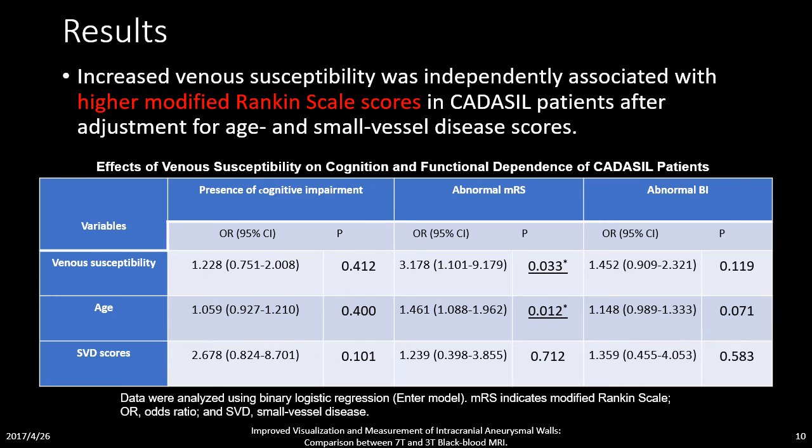Moreover, increased venous susceptibility was independently associated with higher modified Rankin Scale scores in CADASIL patients after adjustment for age and small vessel disease scores. These findings reveal the potential of venous susceptibility to be used for the clinical evaluation of CADASIL.